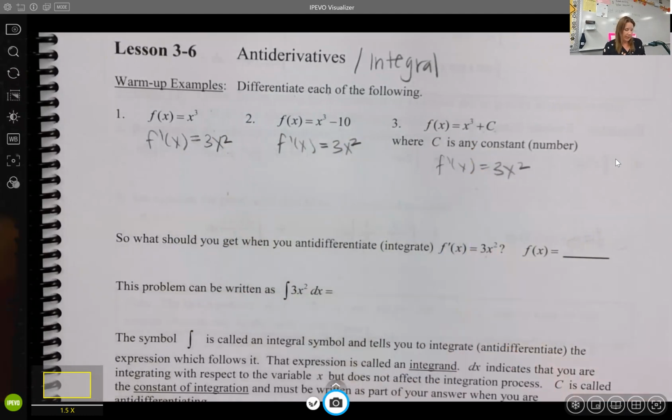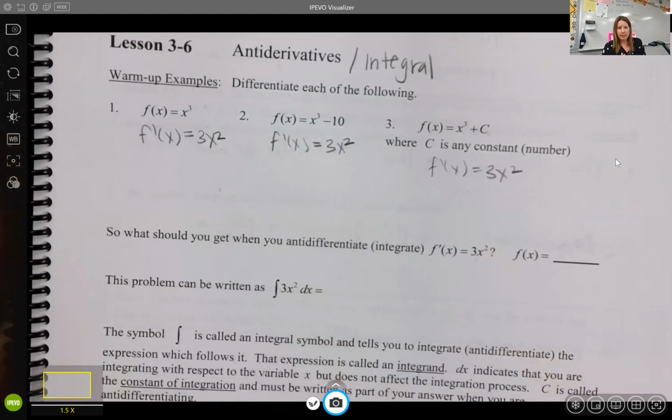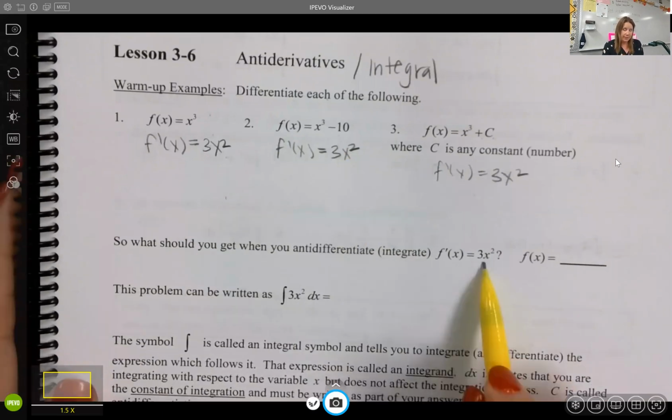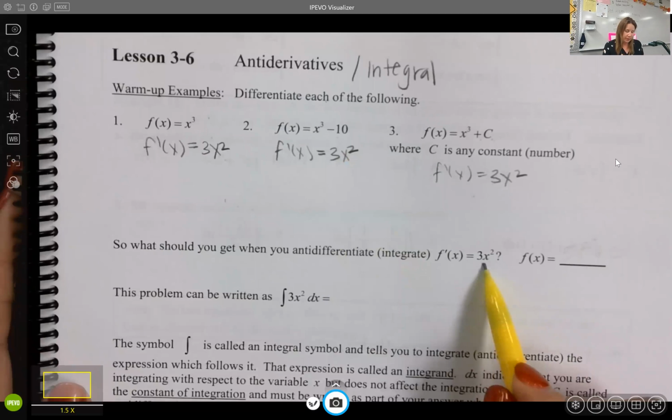So when we take the antiderivative or we integrate, we have to keep in mind there could have been a number here that I didn't know what it was. And so I have to take into consideration that number. So if I take the integral of this, I have to think about I'm doing my derivative backwards.